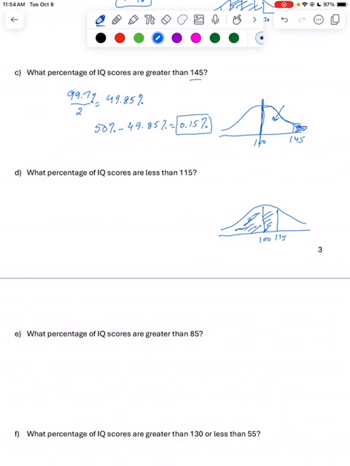So remember, this is the middle line. On the left is 50%. On the right here is, if you recall, 34% because it's half of the 68. So it means our area will be 50% plus 34%, which is 84%.